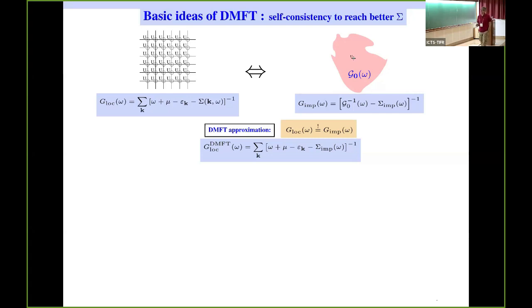And this is the DMFT approximation in the end, that this full local Green's function of my lattice problem, with the full k-dependent self-energy, in principle should be identical to this impurity Green's function in my construction. And that is the helping step that defines more or less my Weiss mean field. Because in the very end, I then have a local DMFT Green's function where I describe the self-energy via this constraint, via the impurity self-energy.